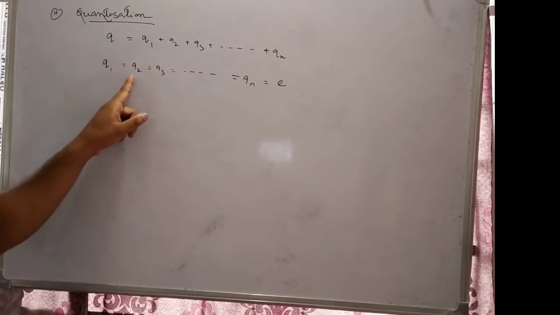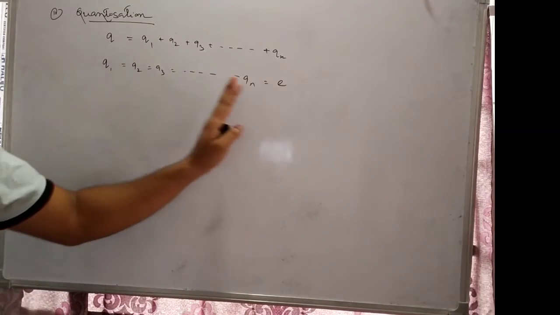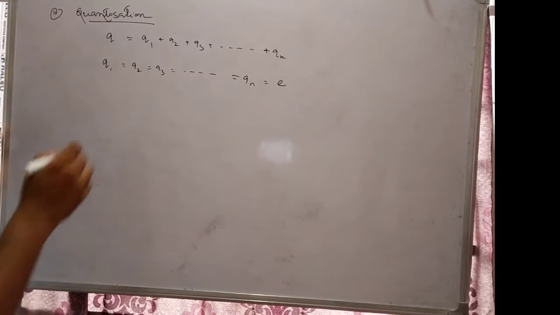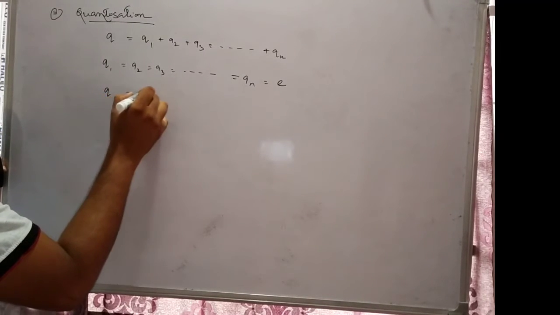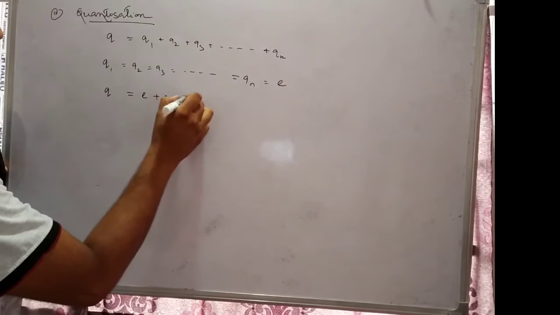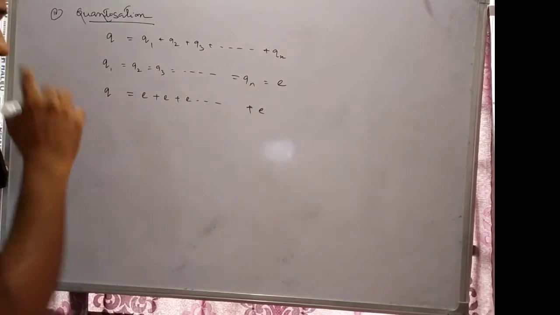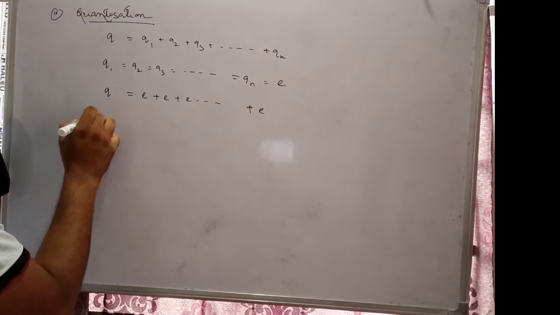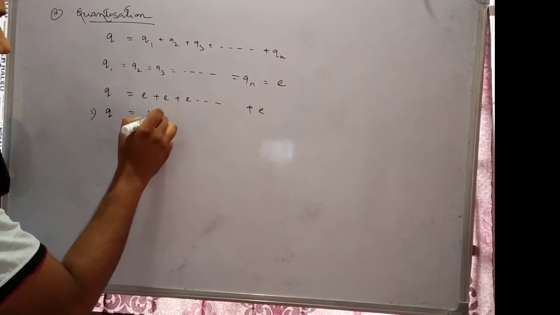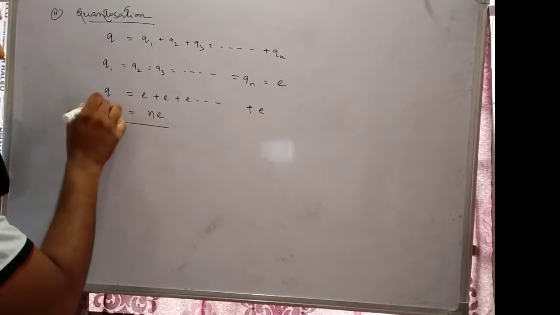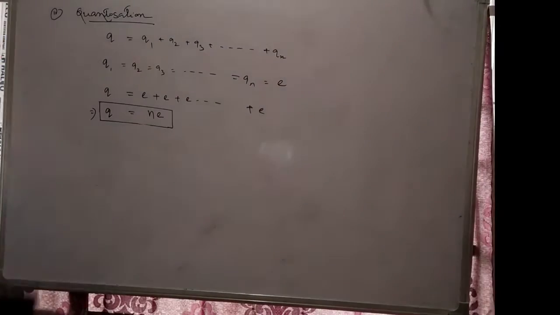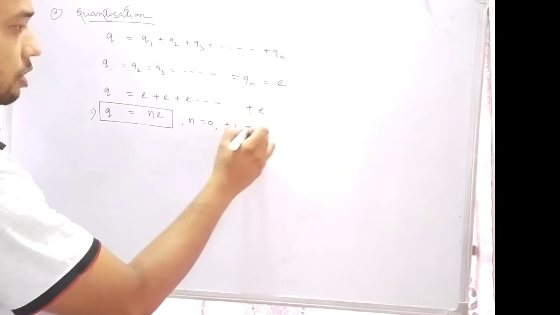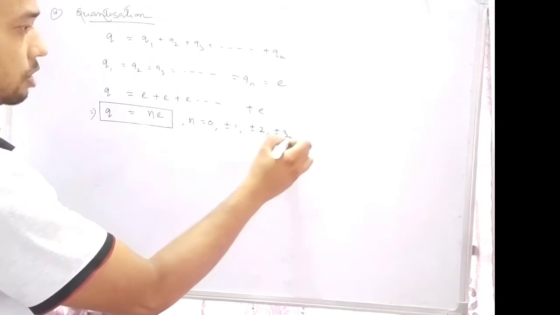Then Q1, Q2, Q3 up to Qn are all equal to e, because electrons are represented by e. Then the total charge will be e plus e up to e. How many e's are there? n number. If we add all these, it will be equal to n into e. This formula is called the quantization formula, where n can be 0 or plus minus 1 or plus minus 2 or plus minus 3, like that.